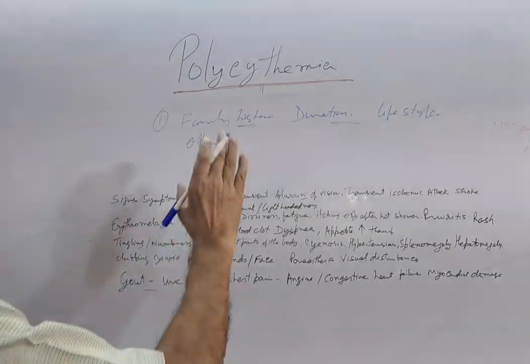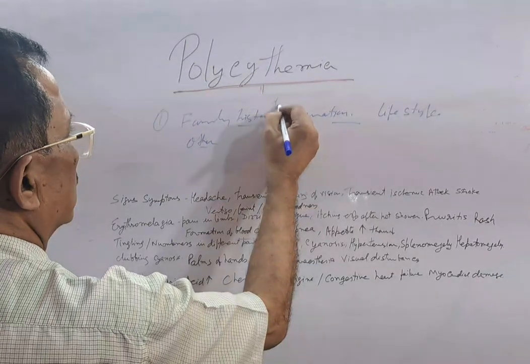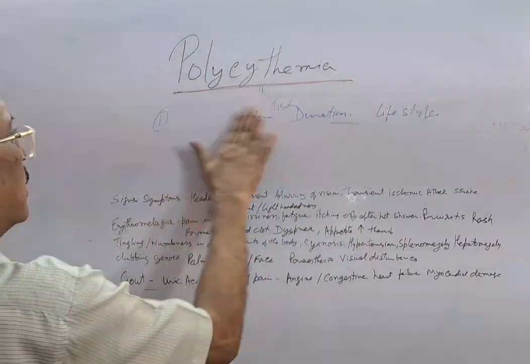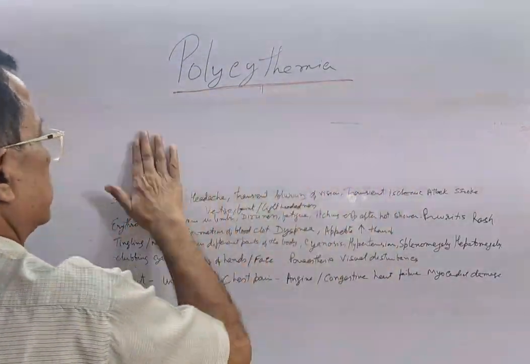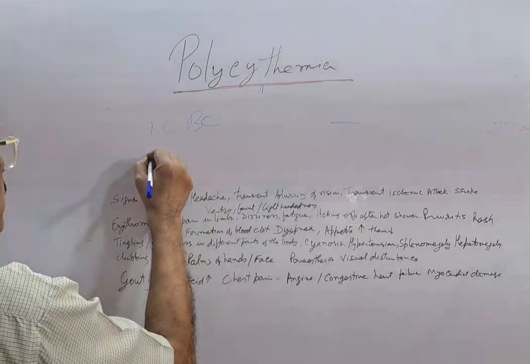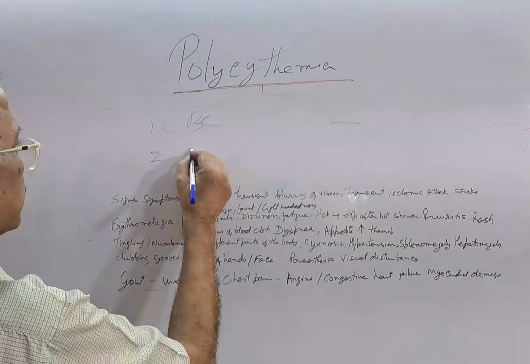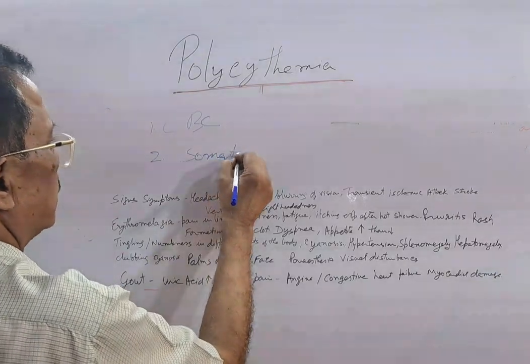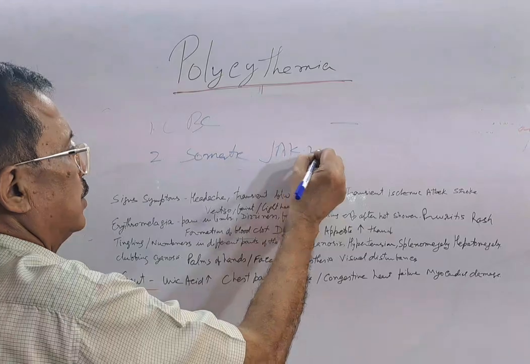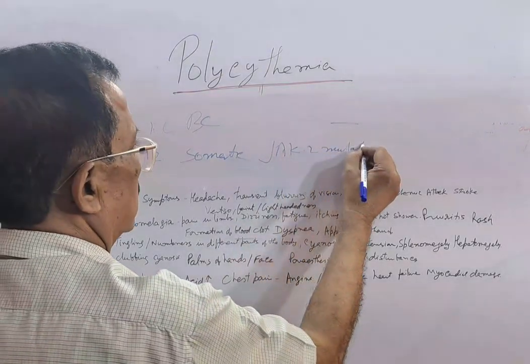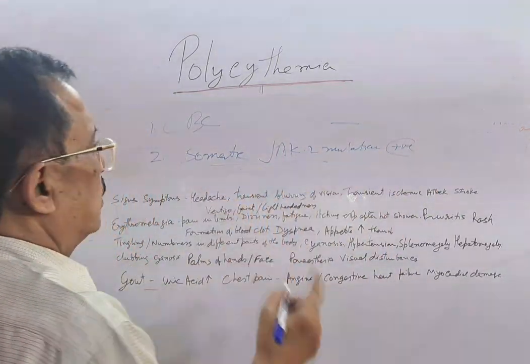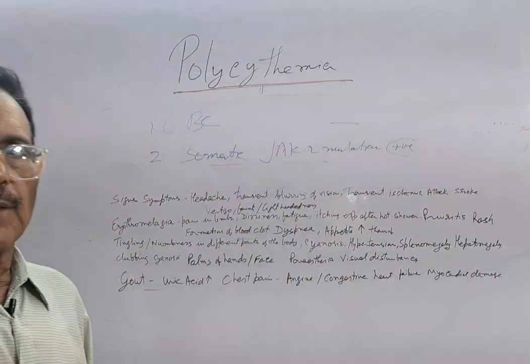These things we will see in history, family history, then history of present illness. Then CBC, complete blood count. Then somatic JAK2 mutation is positive. This test is available.